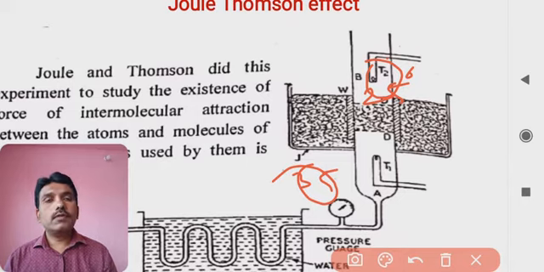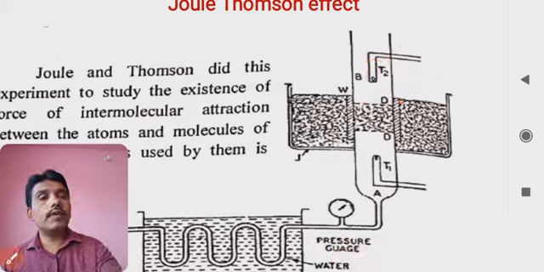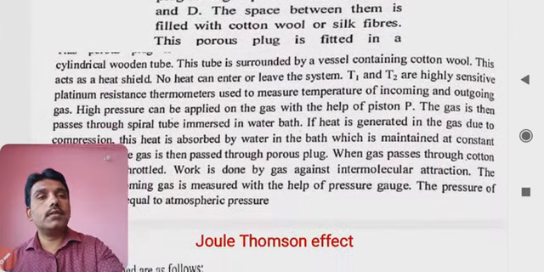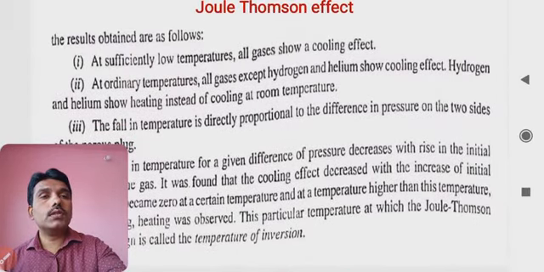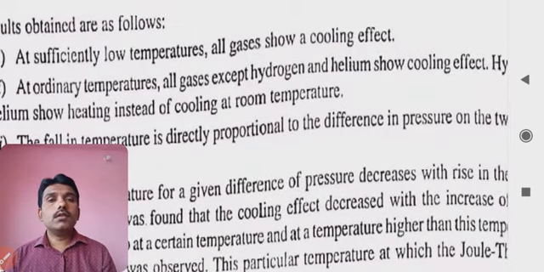Well, the first output of this porous plug experiment, this is the Joule Thomson effect, where the gas comes out cooled, the cooling effect we found. But it happens at lower pressure, and sufficiently all the gases show such a cooling effect, except a few. These are exceptional cases, as there are in everything.